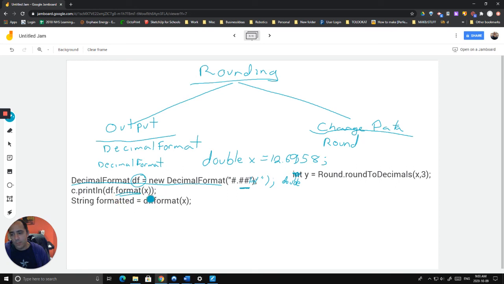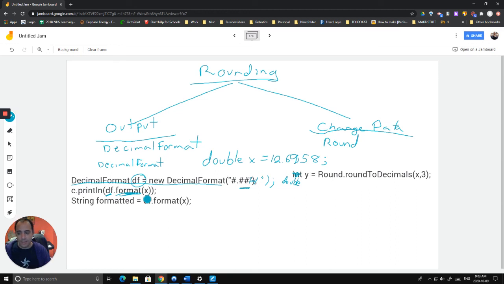And anytime you have a double that you want to round down to 2 decimal, 3 decimal places, I can use this variable df. I can call the format command and give it the number that I want to round. But remember, it's not rounding the number. All that it's doing is it's going to give you back a string ready for printing that has that number rounded in it. But x stays the same.